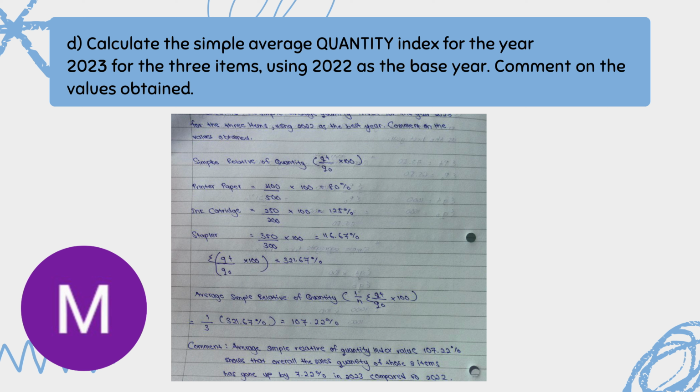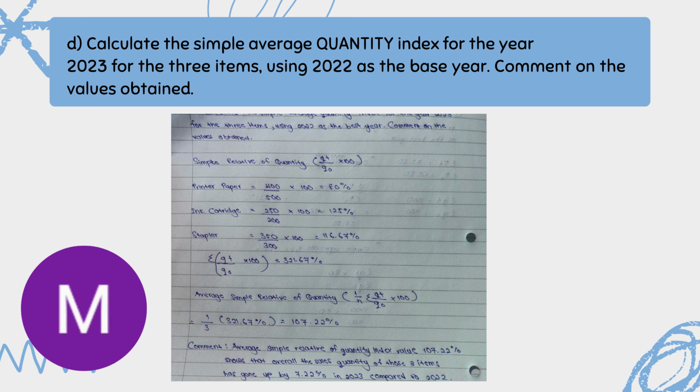So we add up those values together, then we got 321.67%. To find the average simple relative of quantity, we just divide the total value of relative quantity by the total number of data, which here is 3. So 321.67% divided by 3, we got an average simple relative of quantity value of 107.22%.